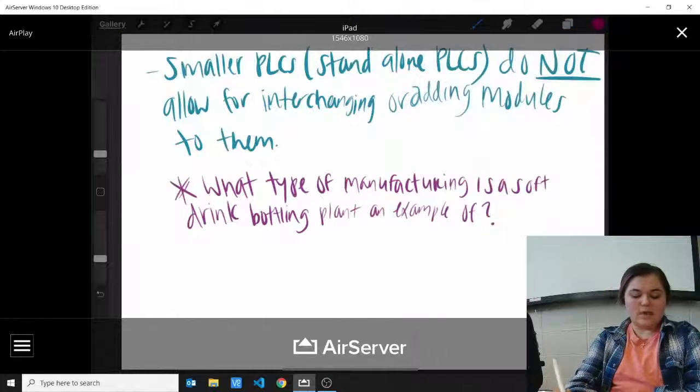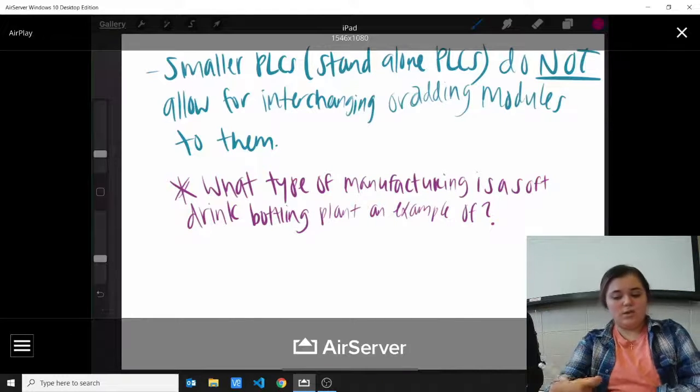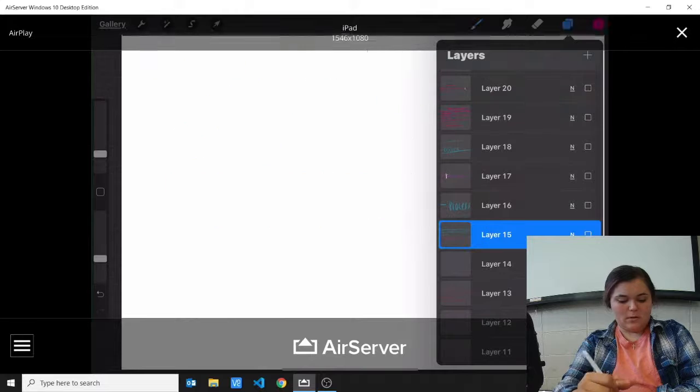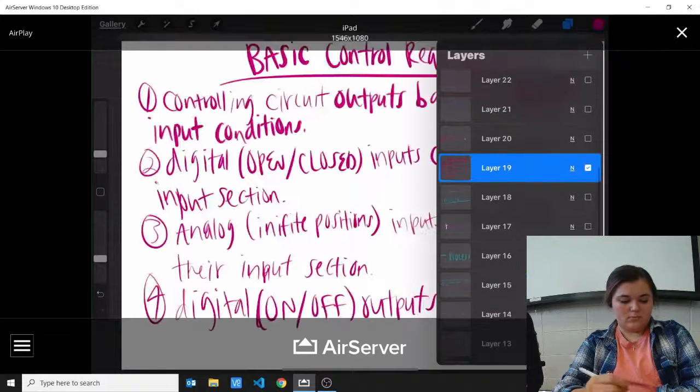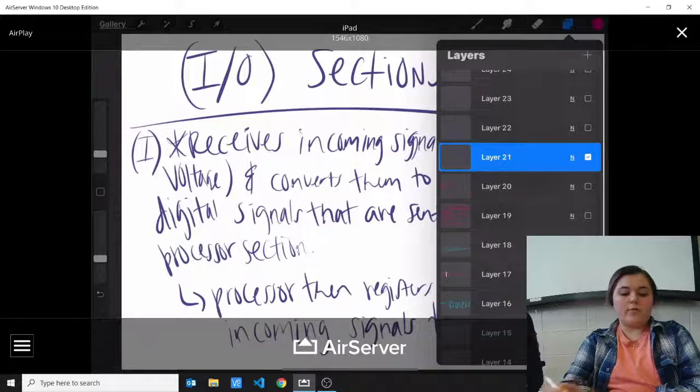So what type of manufacturing is a soft drink bottling plant? It's not discrete, it's process. Discrete parts manufacturing is like bigger things like cars and stuff like that. I'm gonna go back over all that. Alright, but we do need to know this.